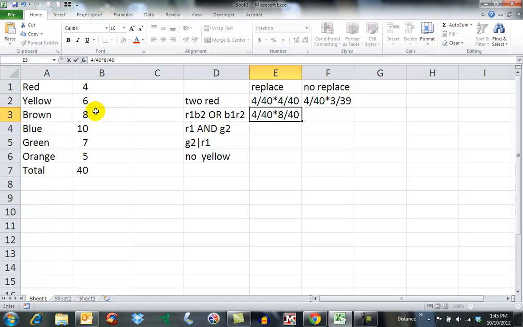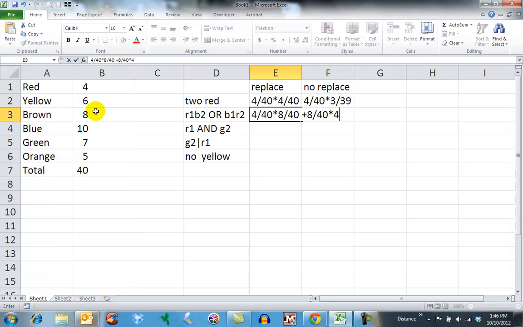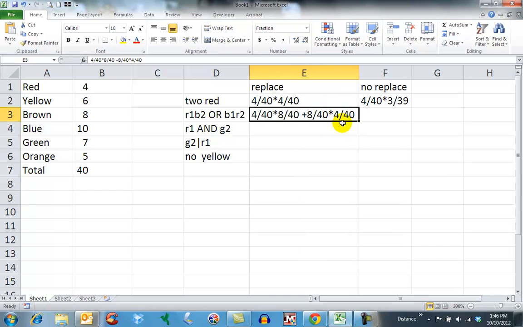The second part, we're going to have to add, is 8 out of 40 times 4 out of 40. Let me make this a little bigger here. Okay, because we're going to do this twice.